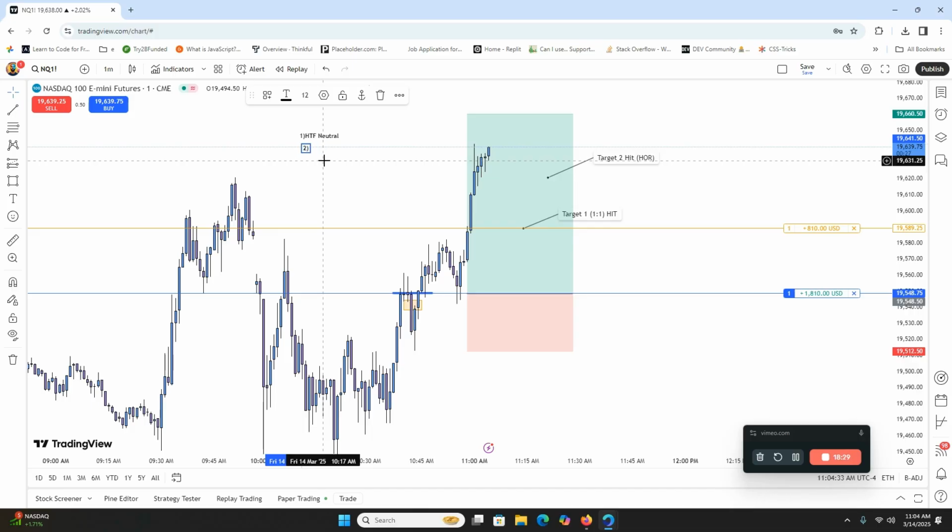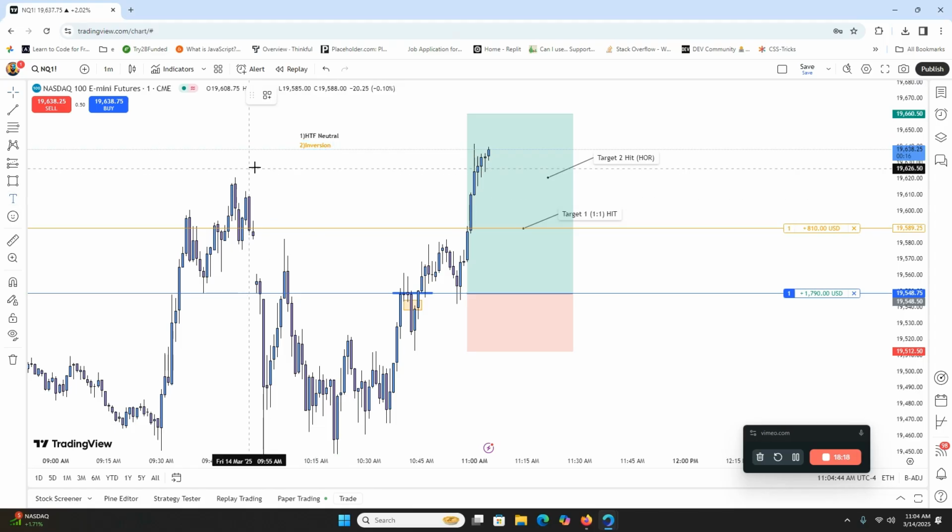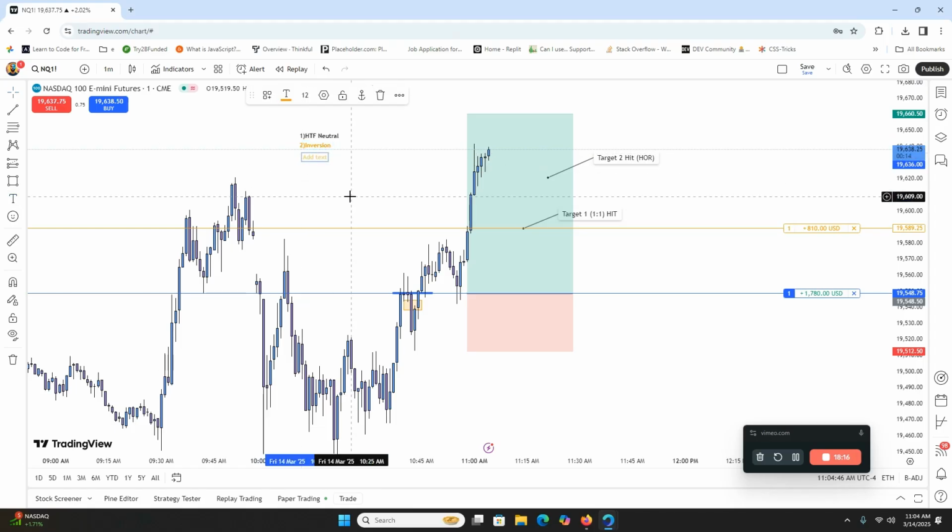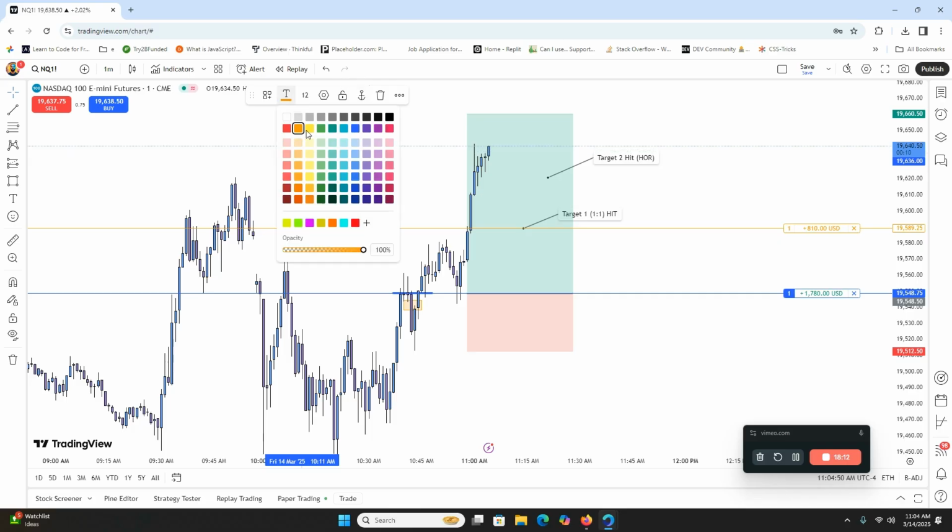Two, we get an inversion. Three, we get our advanced market structure shift. Put that in blue.